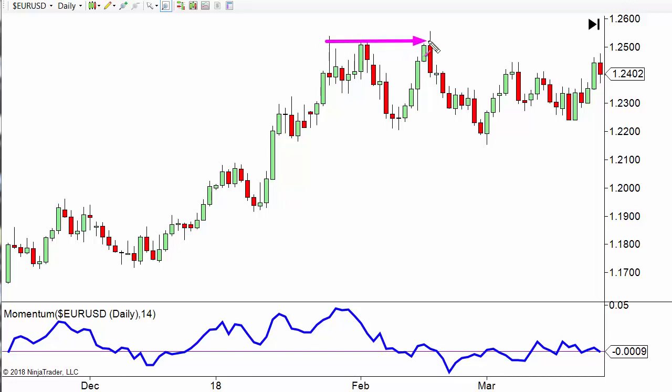Instead of getting a triple top here, we actually go down. And so definitely the momentum indicator there is not following price, right? It's telling you that this move up is on weakness. There's been what we call a momentum shift. And that is very significant.